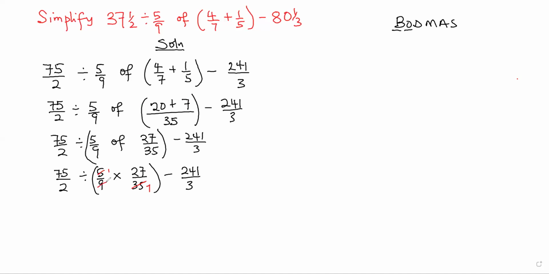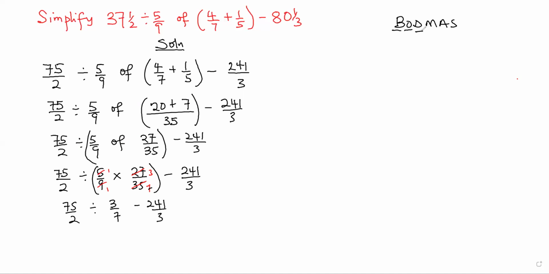And 9 will go into 9, once, and into 27, 3 times. So we'll be having 75 divided by 2, divided by 1 times 3 is 3, over 7, minus 241 over 3.